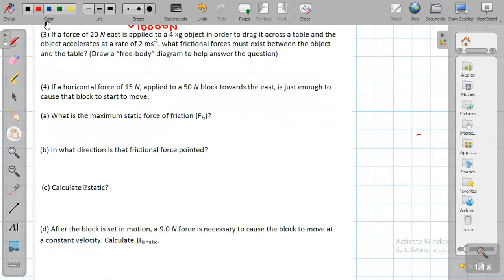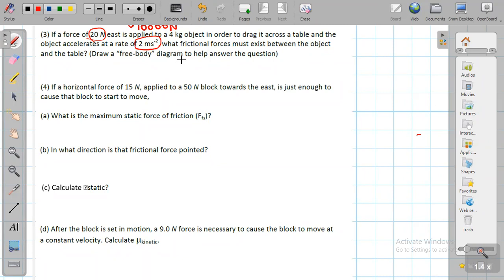If a force of 20 Newton is applied to a 4 kilogram object in order to drag it across a table, and the object accelerates at a rate of 2 ms minus 2, the force of 20 Newton is applied on it.